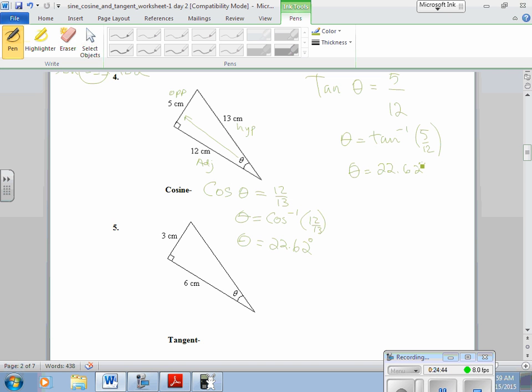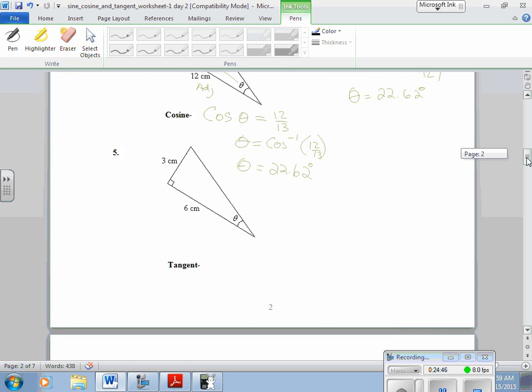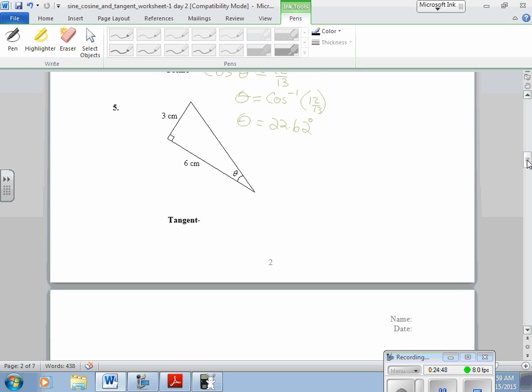All right, so now I'm going to do number 5 with tangent. Tangent is opposite over adjacent. Now, Evan, remember how you were telling me you're having trouble figuring out which one's the opposite and which one is the adjacent? Make sure you go, which angle are they asking you, and then right away, draw a line to the side that's opposite, and label that as your opposite. Here's the 90-degree symbol.